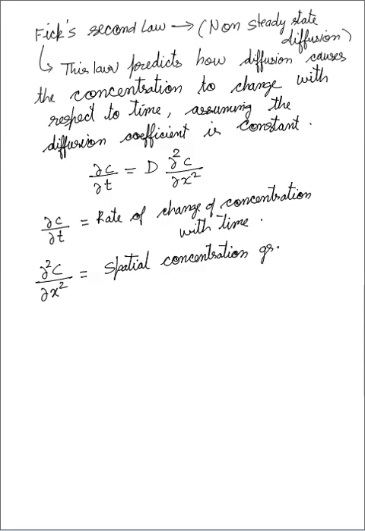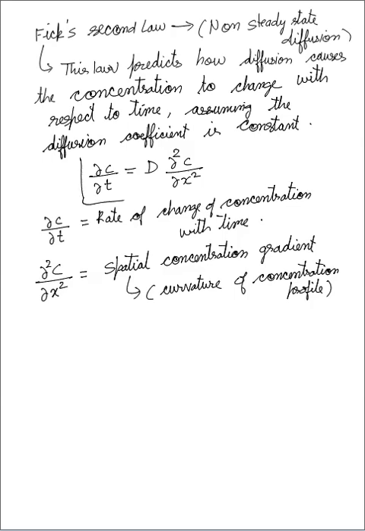Basically it is the curvature of the concentration profile. Okay, so this is the mathematical form. You can remember it, ∂C/∂t is equal to D ∂²C/∂x². So this is Fick's second law.